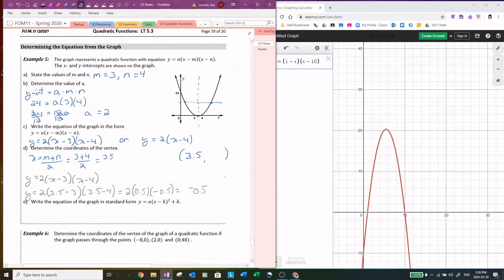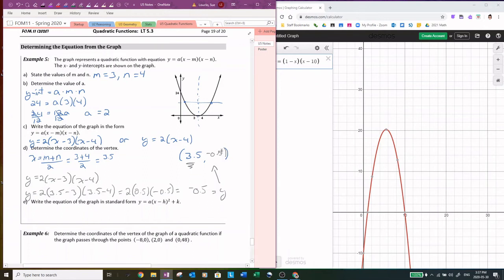So that is my y value, okay? And that specifically is the y value that goes with this x value, so the vertex is (3.5, -0.5), okay? I hope that made sense, because you're going to need to do that a lot, okay?